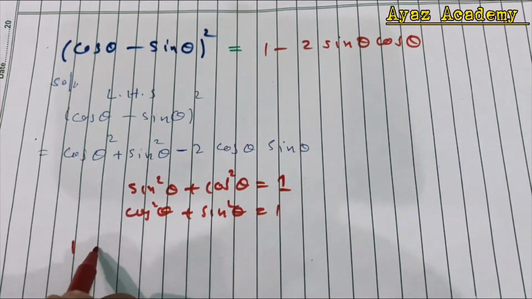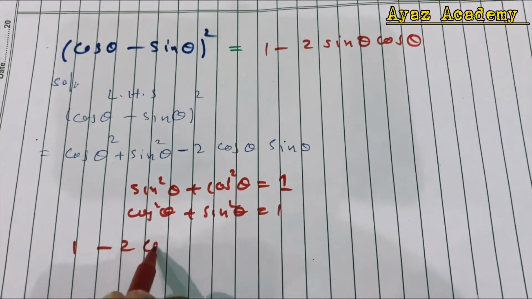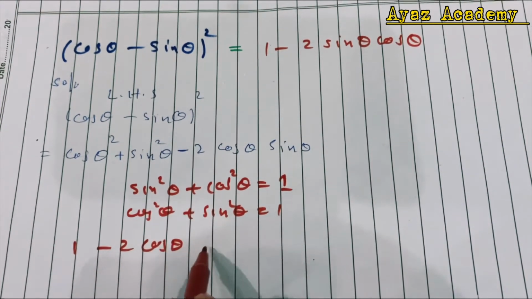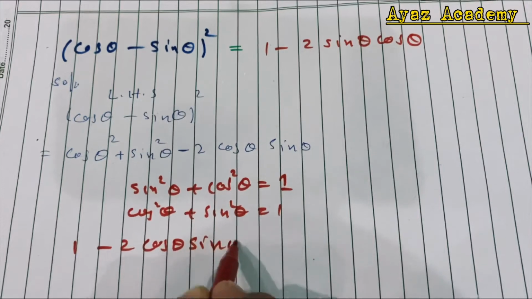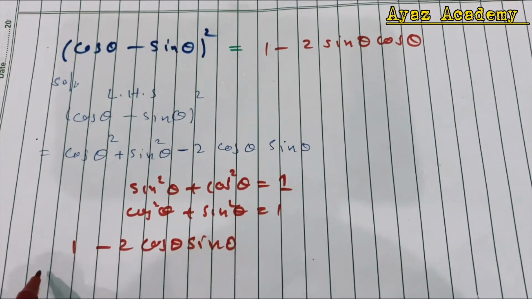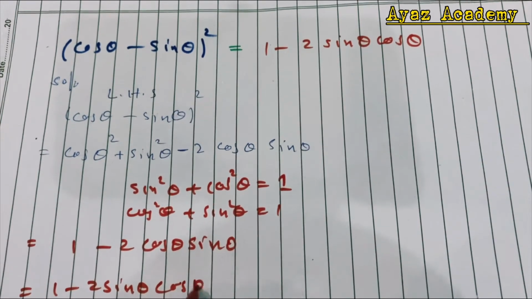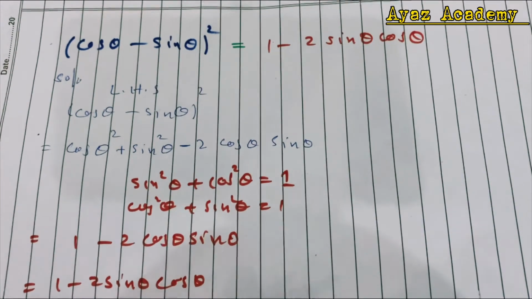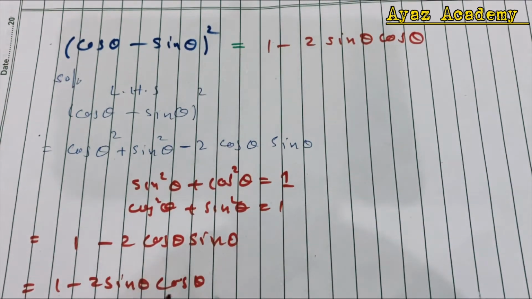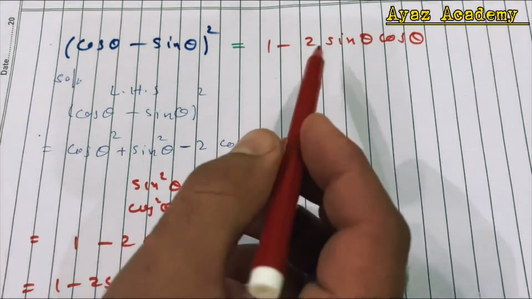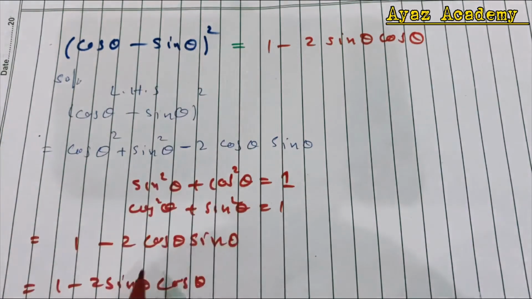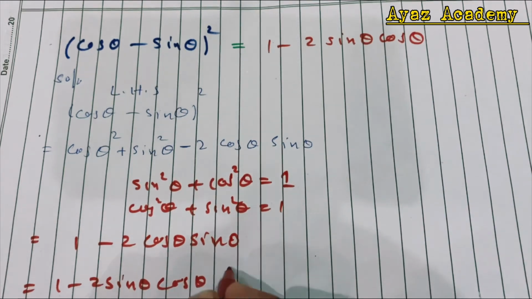So 1 minus 2 cos theta into sin theta, or 1 minus 2 sin theta and cos theta. So both are the same. So here we have proved that (cos theta minus sin theta) whole square is equal to 1 minus 2 sin theta and cos theta. Hence proved.